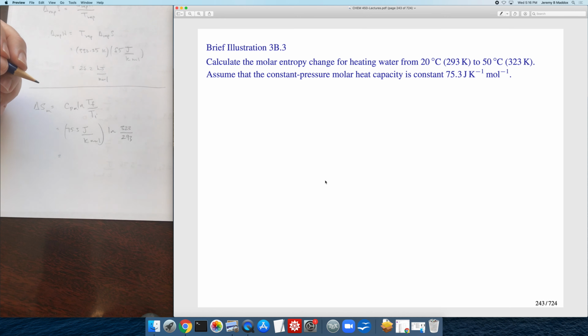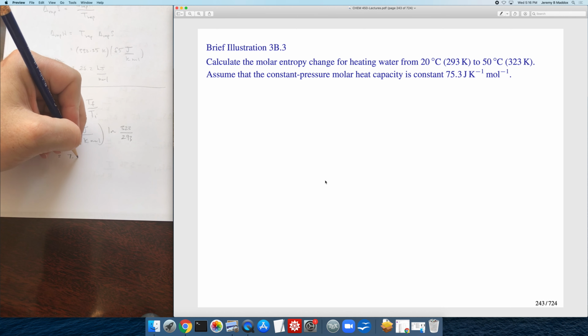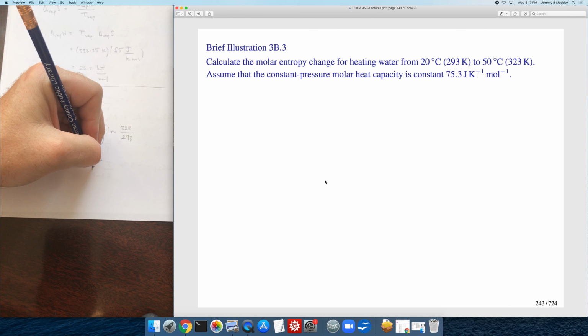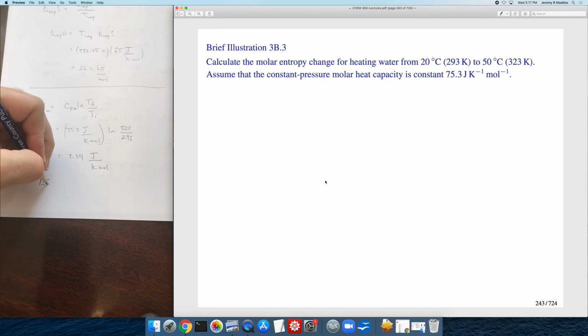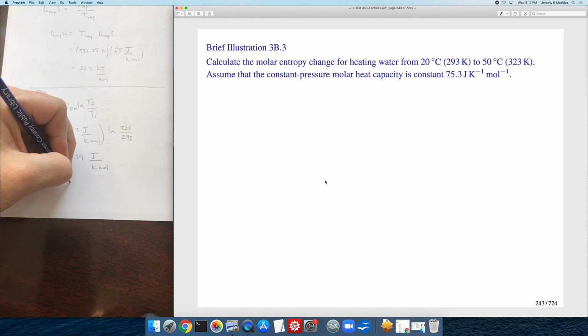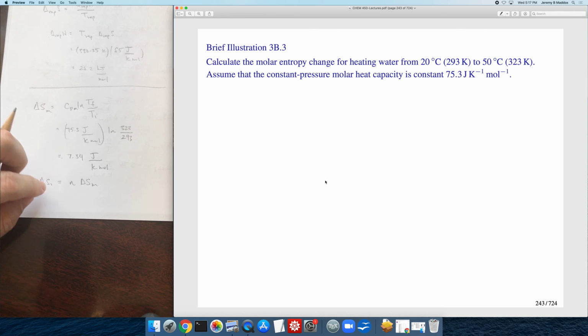So I'm getting an entropy change of 7.34 joules per Kelvin per mole. And if you had 5 moles of gas, you would multiply that by 5. So you can always, to get the non-molar version, take the number of moles and multiply by the molar entropy change.